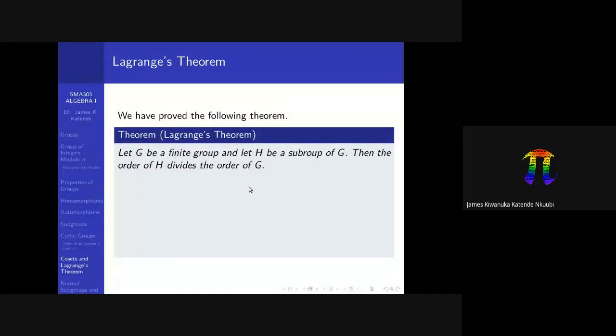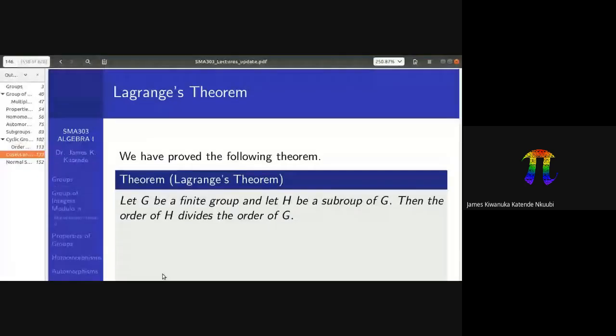Similarly, it cannot have a subgroup with 9 elements, or 7 elements, and so on. So if it has subgroups, those subgroups will be of order 1, 2, 5, or the whole group, 10 itself, which are factors of 10. Are there any questions on that?